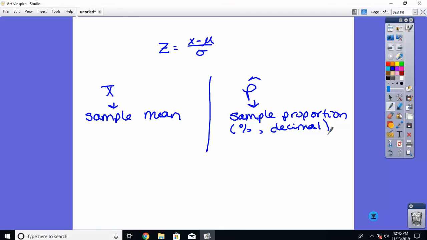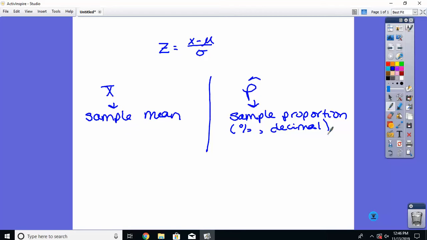All right, so the big thing here when looking at these problems is just being able to figure out, what am I talking about? Am I talking about an x bar, or a p hat? The setup is the same, but when I'm talking about the different variables, your sigma and your mu change.